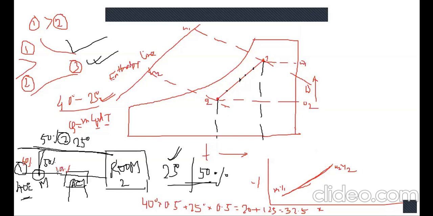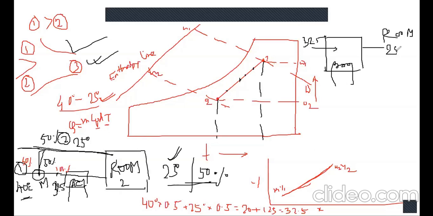Now before the AC, it is available at 32.5 degrees, and to the room it always remains the same, 25 degrees and 50%.